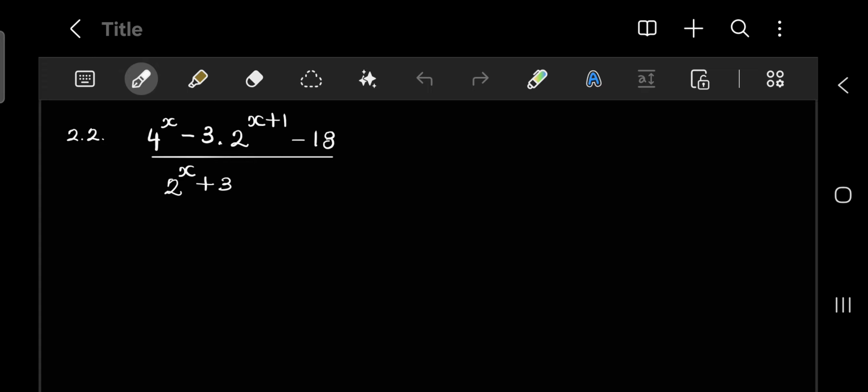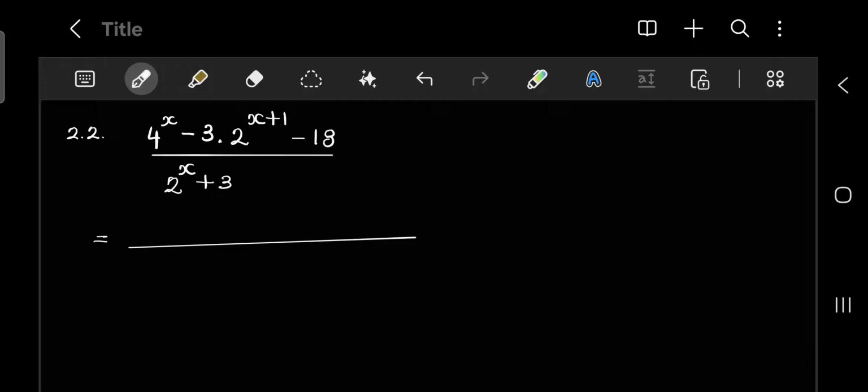Now, the first step for a question like this is to make sure that all of your bases that have x as the exponent, those bases need to be products of prime numbers. So I'm first going to start off by replacing 4 with 2 squared. And that existing exponent of x goes outside the bracket.